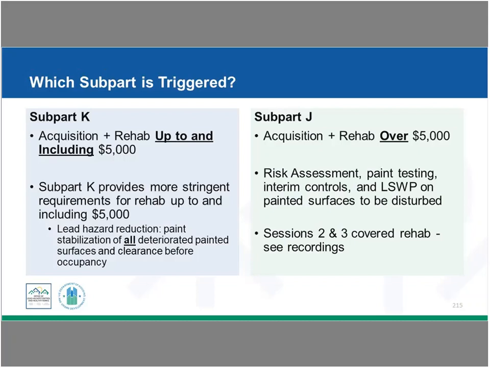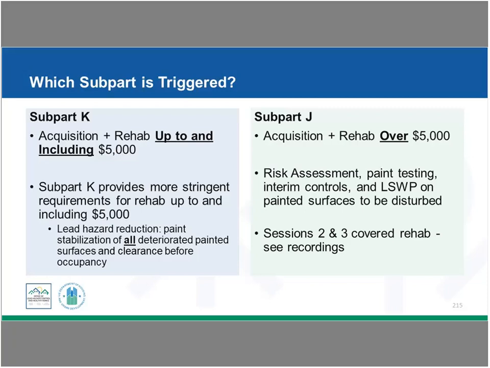So the last two sessions that Chris and I provided were about Subpart J, and I would recommend, if you didn't attend those sessions, that you go back and look at the posted recordings. With Subpart J, there's a higher level of requirement. We just had a knowledge check about the level of testing and evaluation.